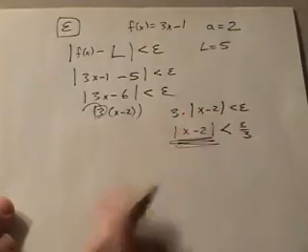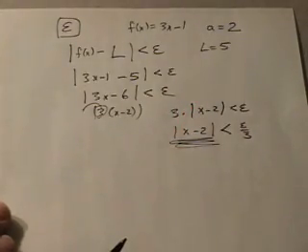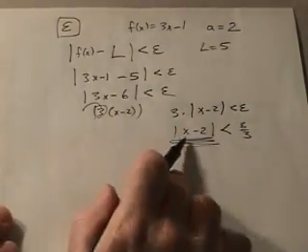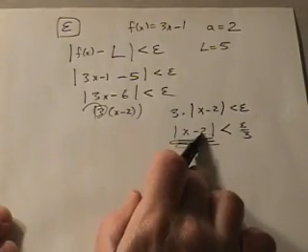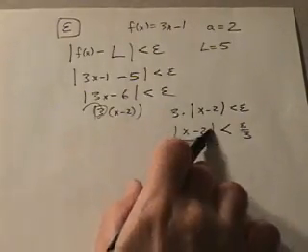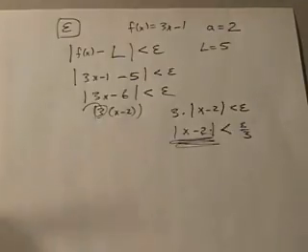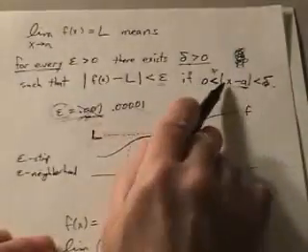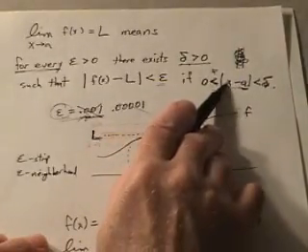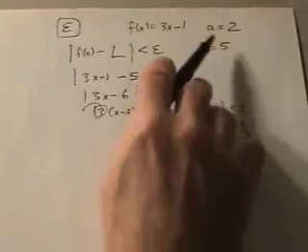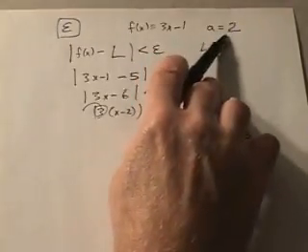Have you seen this before? The absolute value of x minus 2, also known as the distance from x to 2. The distance from x to 2 is the quantity that we were talking about in the definition of limit over here. The distance from x to a, because a is 2 right now.